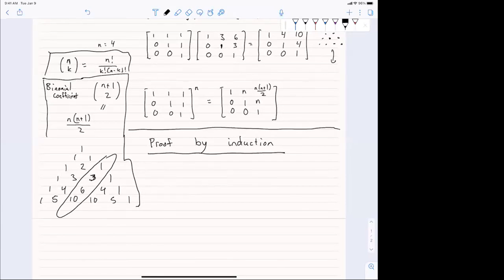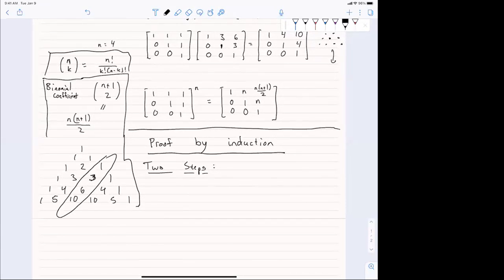With proof by induction, there are two steps. The first step is to prove your statement when the parameter you're going to induct on is 1, or its smallest value. All proofs by induction are proofs about some formula or statement involving a natural number, a positive integer, or some discrete step-by-step parameter.